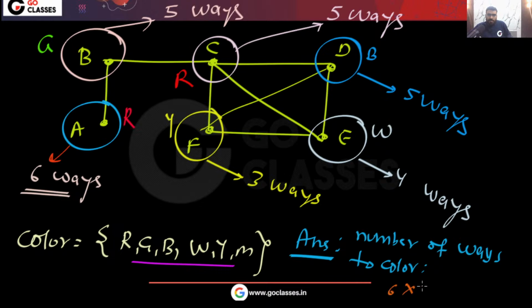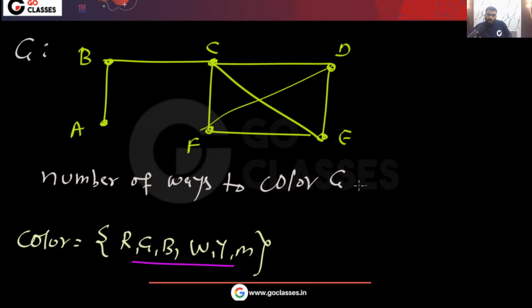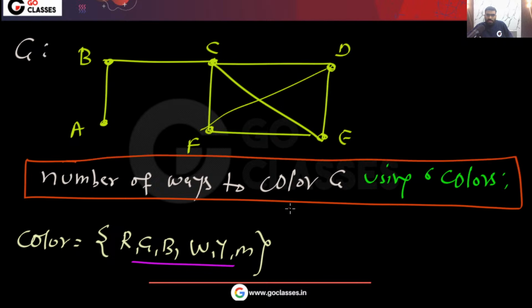That will be 6 multiplied by 5 multiplied by 5 multiplied by 5 multiplied by 4 into 3. Can anyone tell me what this answer is?